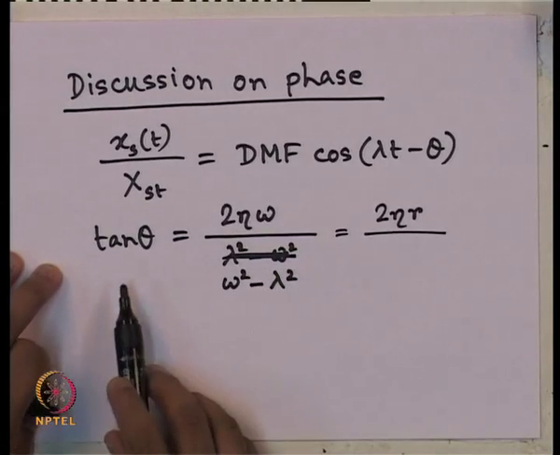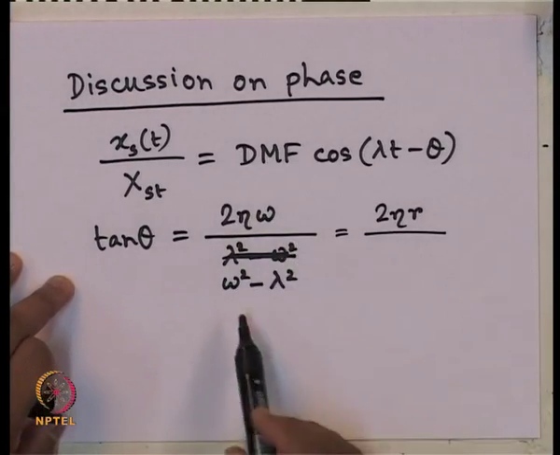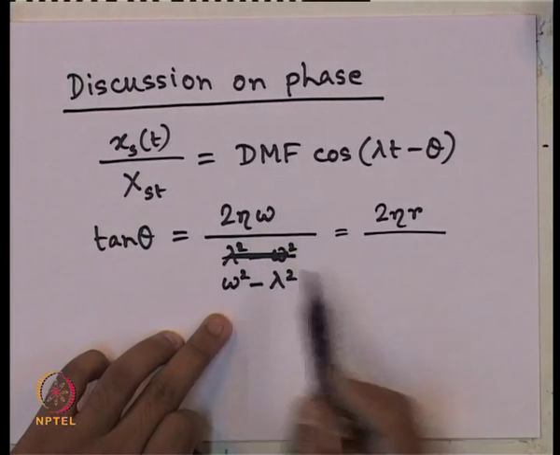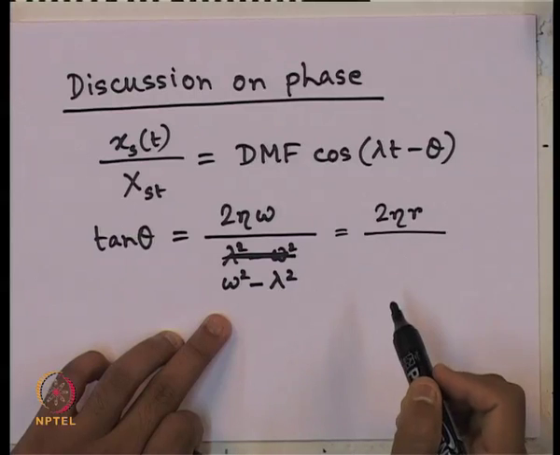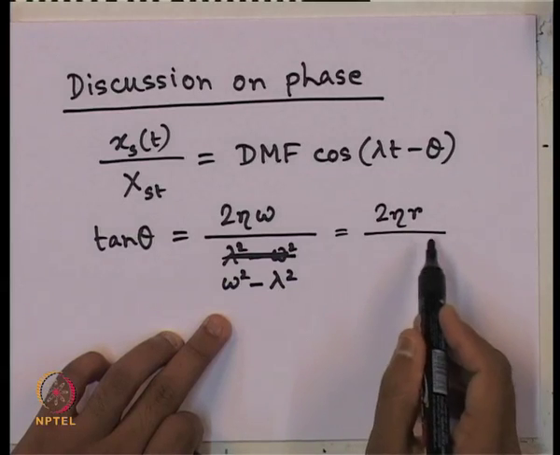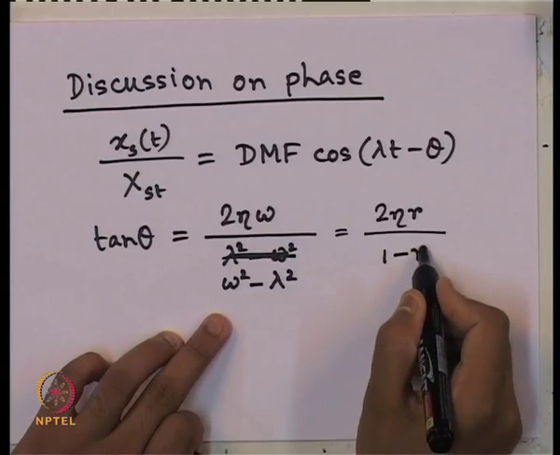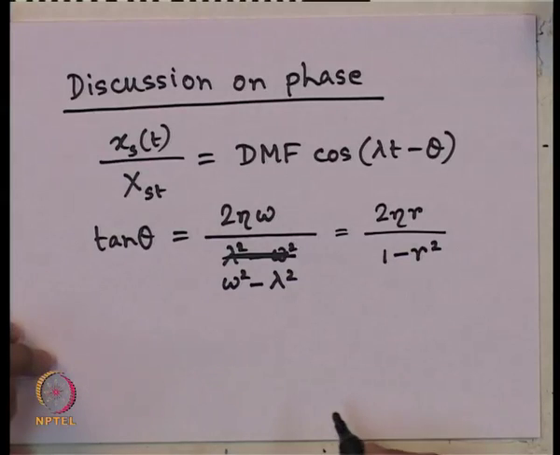Yes. So, tan theta was 2 eta omega lambda by omega square minus lambda square. So, we divide by omega, we get 2 eta r by 1 minus r square. Okay.